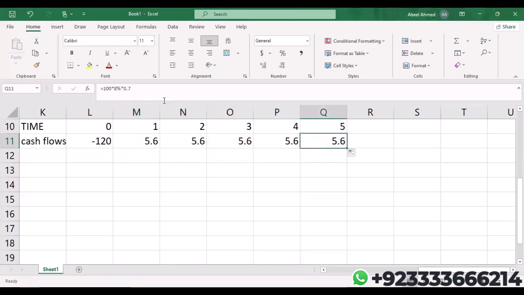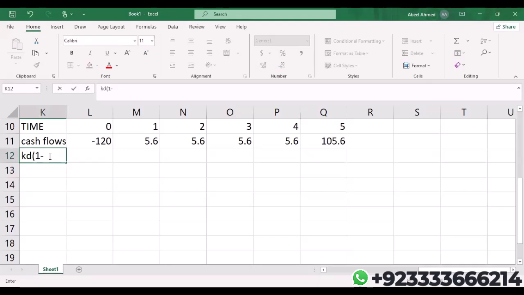In the last year, as I mentioned, you have to take the redemption amount as well. Now, redemption could be at par, it could be at premium, there could be a conversion value. Assuming the redemption is at par, we are calculating KD (1 minus T) by using the shortcut of IRR.